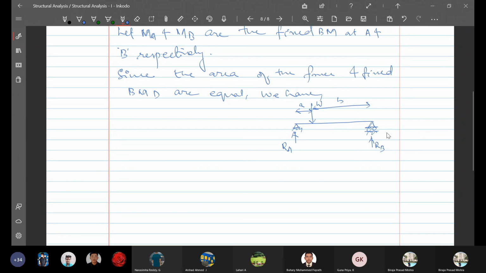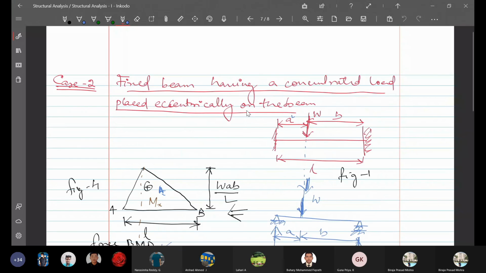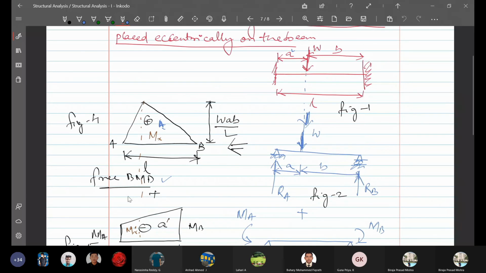Here, what is the area of this one? Again, half into base into height.